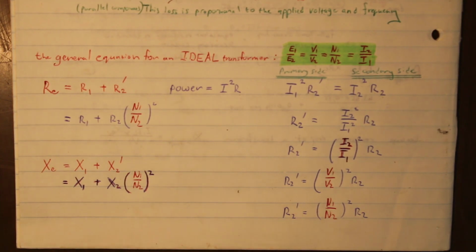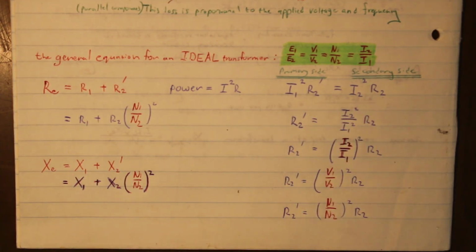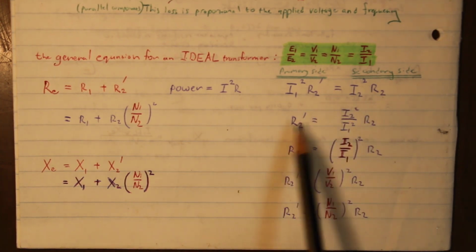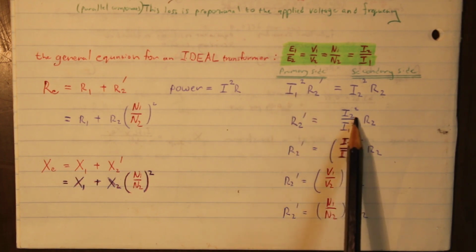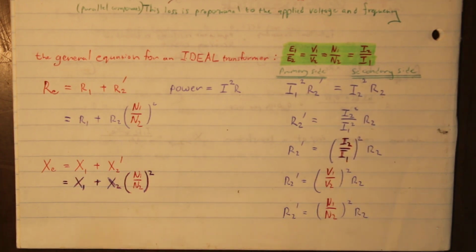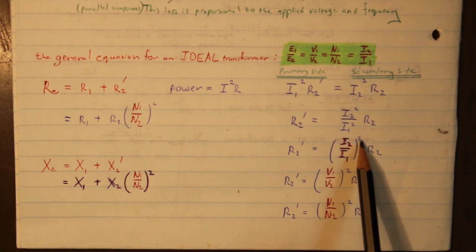All we do then is equate the two, because the power consumption has to be the same. So we just shift the I1 squared over, and we get I2 squared over I1 squared times R2. I'm sure you'll agree with me that we can take the squared out and put it into brackets like that.